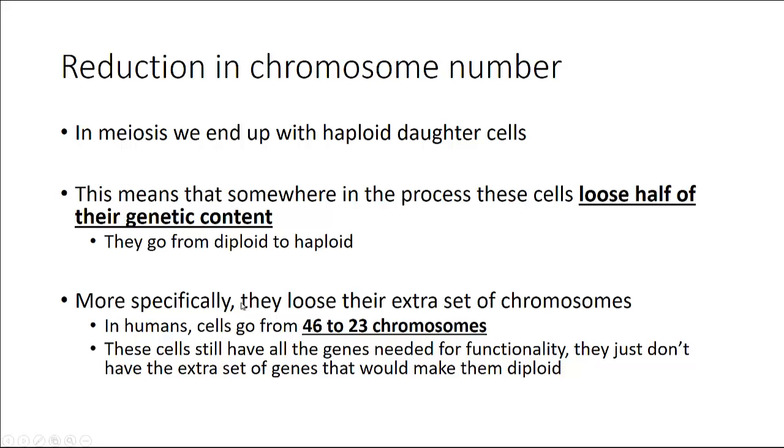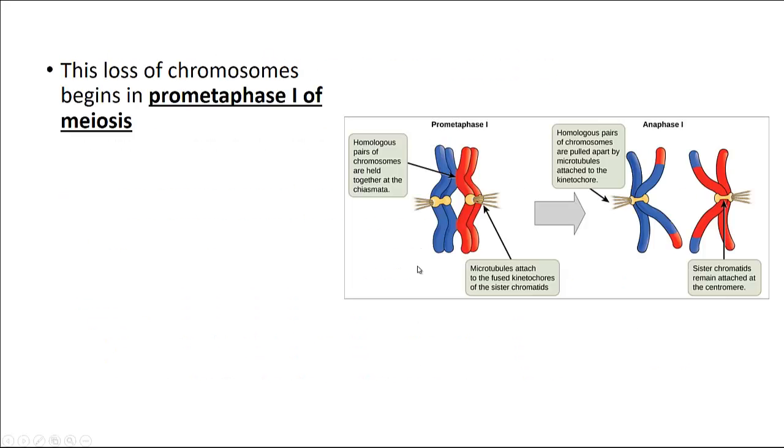This is what I mentioned already, but we're going to describe a little bit more about how this actually happens. This is where the reduction in chromosome number occurs. This process actually begins in prometaphase 1 of meiosis. If you think back to what I talked about in mitosis not too long ago, in prometaphase of mitosis, this is where the spindle fibers attach to the chromosomes.